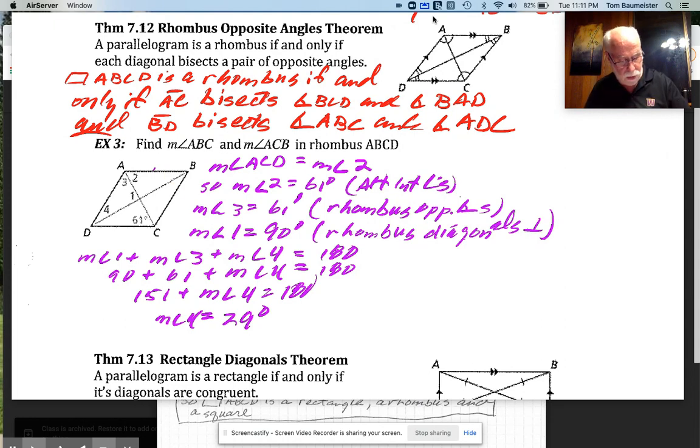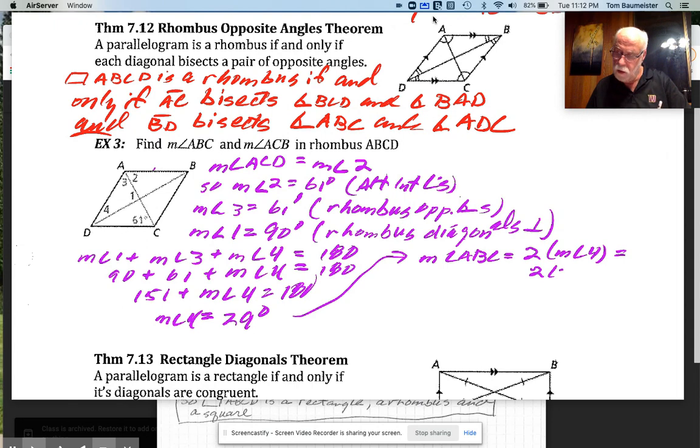So we can state then that the measure of angle ABC is equal to 2 times the measure of angle 4, which is equal to 2 times 29, or the measure of angle ABC is equal to 58 degrees.